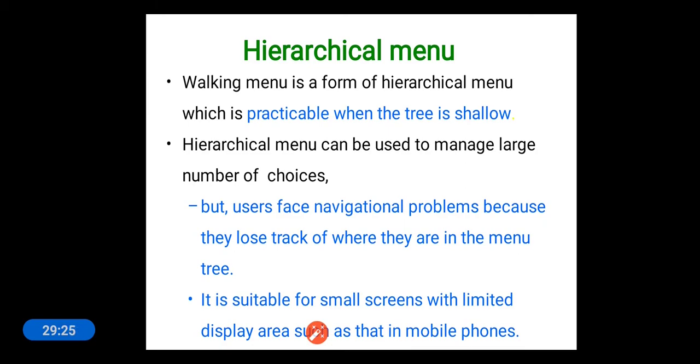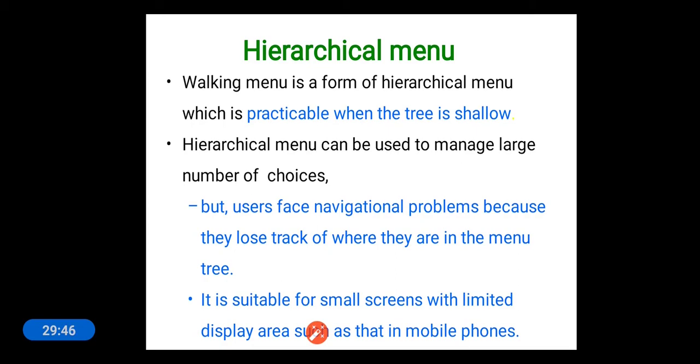That means at a time we can represent only 10 sub menus, but that is not the case in a hierarchical menu. In a hierarchical menu, we are able to navigate from one menu to another menu. One menu is replaced by its sub menu, and in that manner we can have any number of choices.